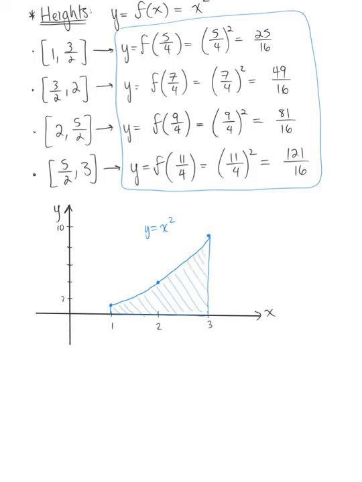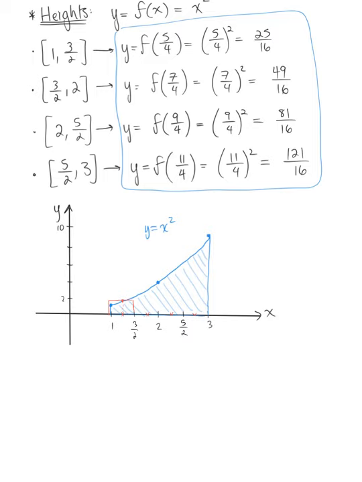And don't forget that we are dividing this into those 4 subintervals. So here is 3 halves, here is 5 halves. But we're using the midpoint of each interval here to find the height. So from that midpoint, we can go up until we hit our graph and create that rectangle.